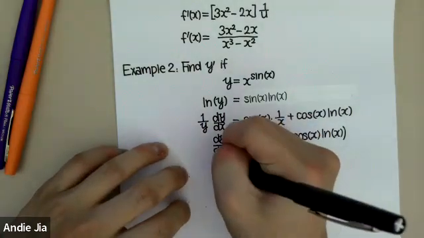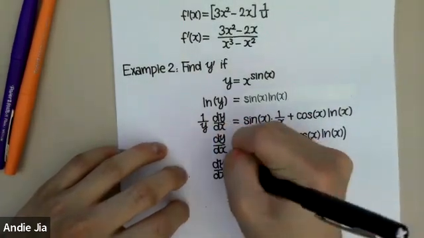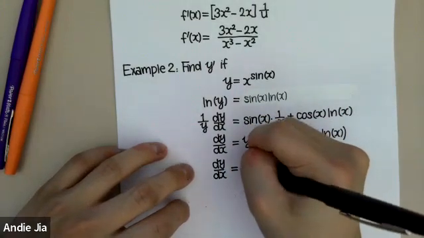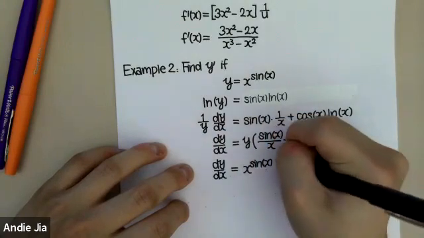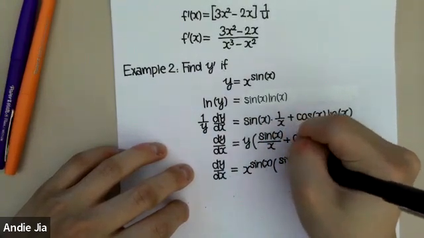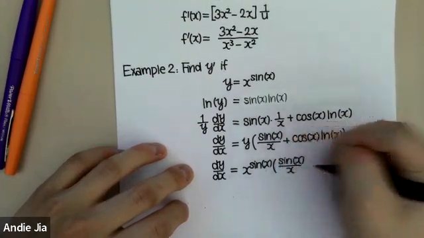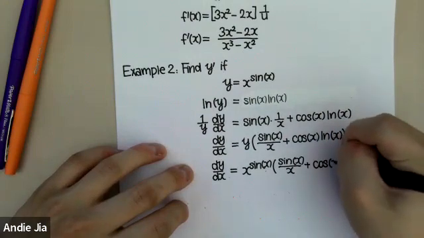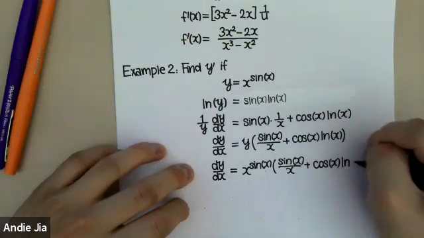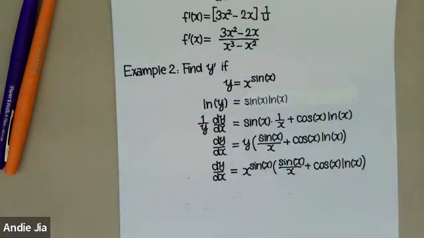So dy/dx is x to the power of sine of x, times sine of x over x plus cosine of x times natural log of x. That is the answer we want.